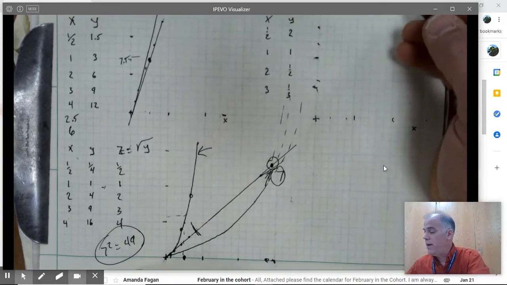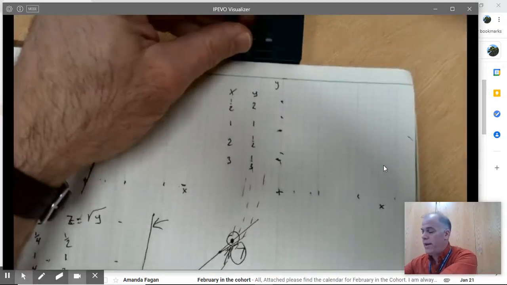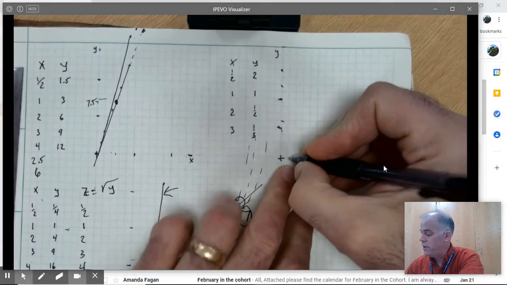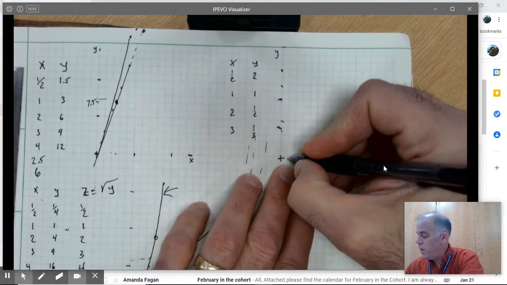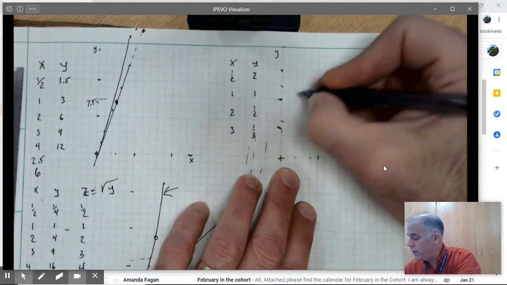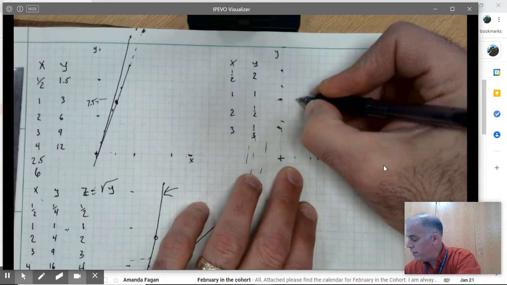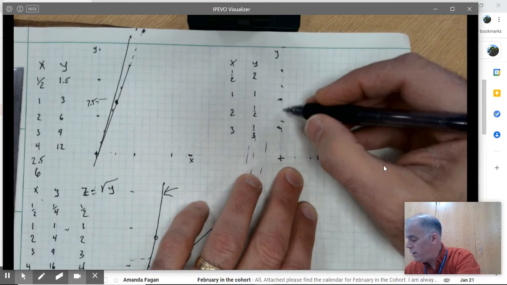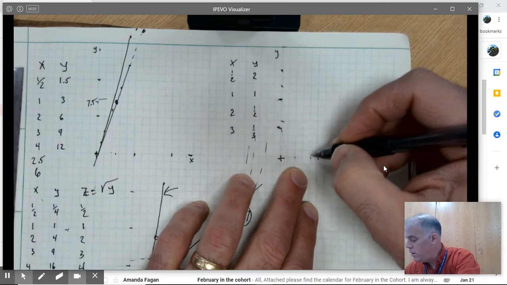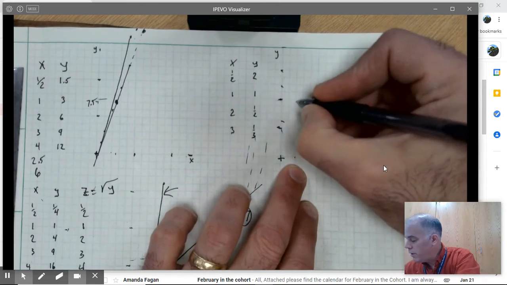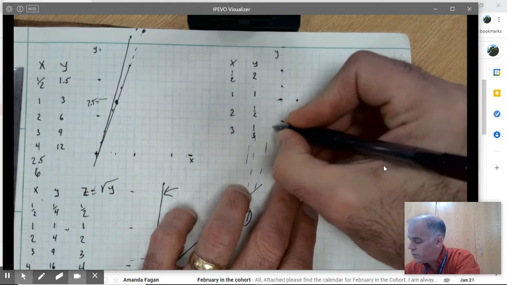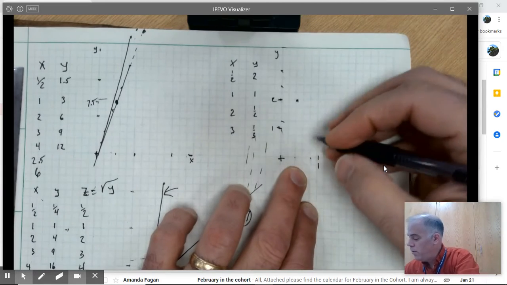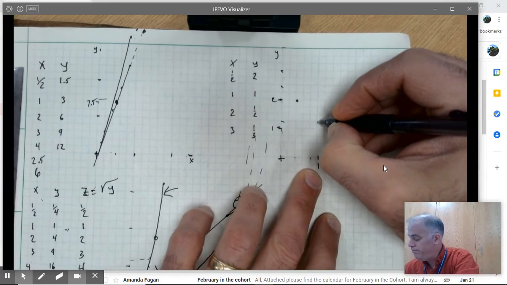Okay, now the graph that you are working with today, that you're creating today, probably looks something like this. Okay, when x is 1/2, y is 2. So we're going to call this 1, 2. When x is 1, y is 1.